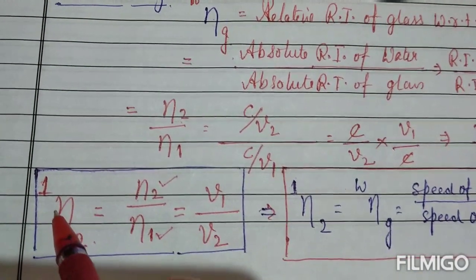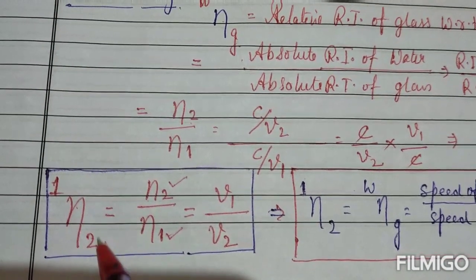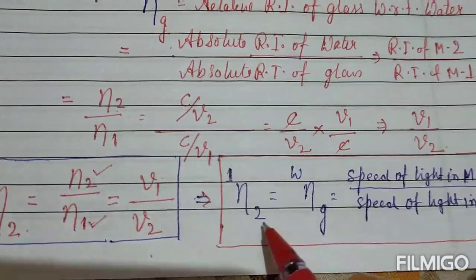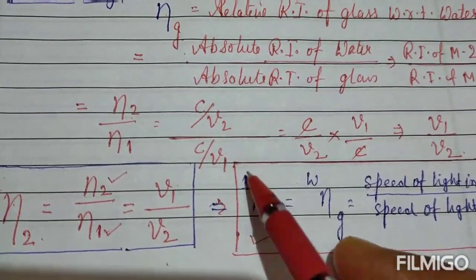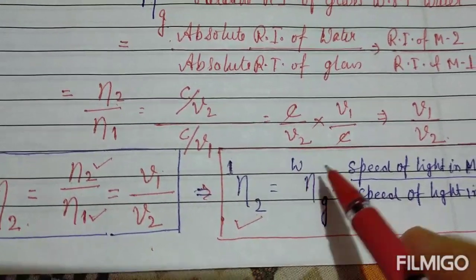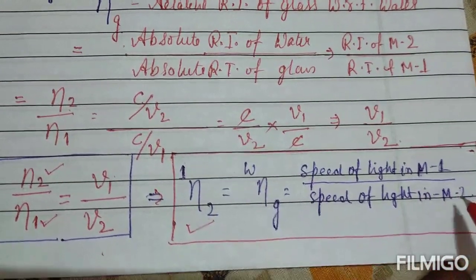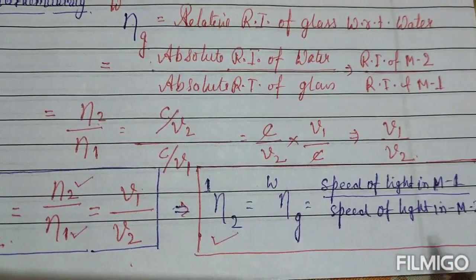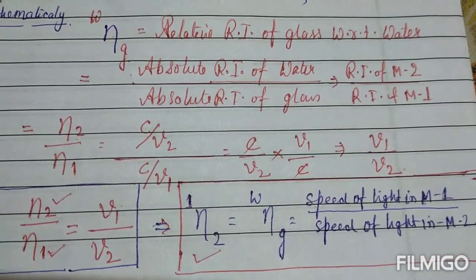So refractive index of medium 2 with respect to medium 1, nu 21 or nu WG, equals speed of light in medium 1 divided by speed of light in medium 2. So this is the explanation of refractive index and relative refractive index.